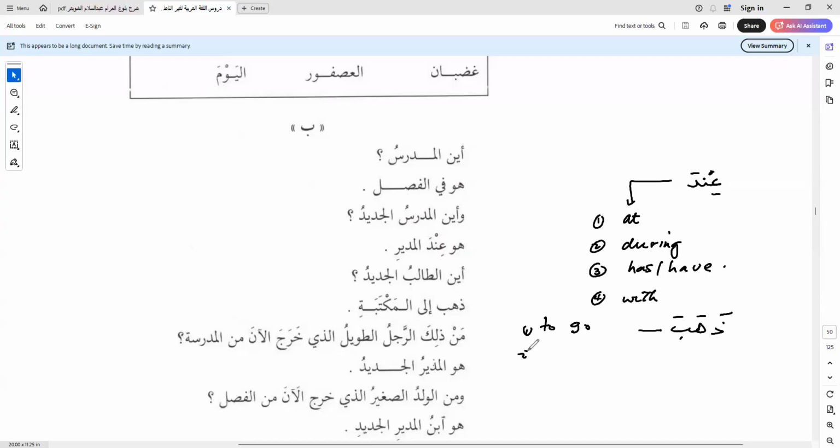ذهب, he went. One thing we need to know about Arabic in terms of verbs, this is our first verb, is that verbs are set into two defaults. In Arabic, a verb starts in the past tense or the infinitive. So in Arabic, we have the infinitive mood of the verb in the past.